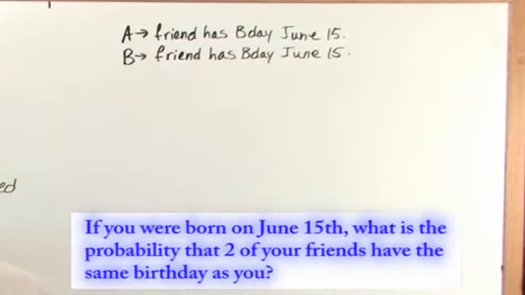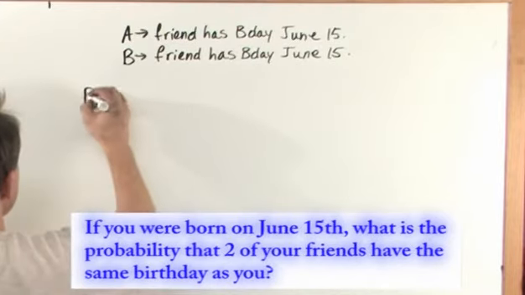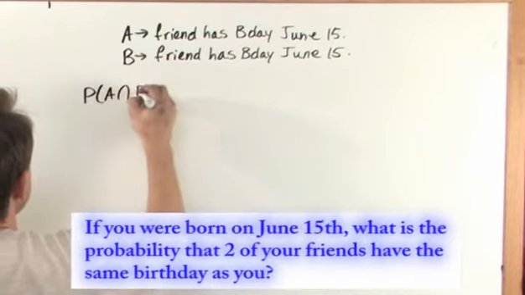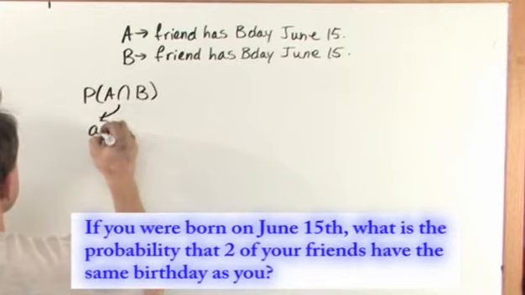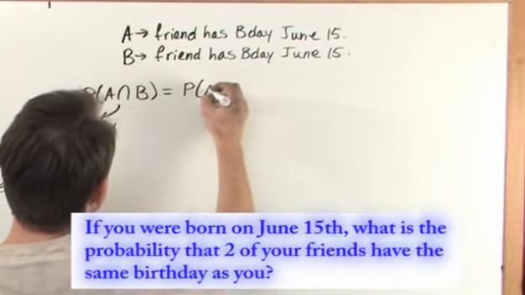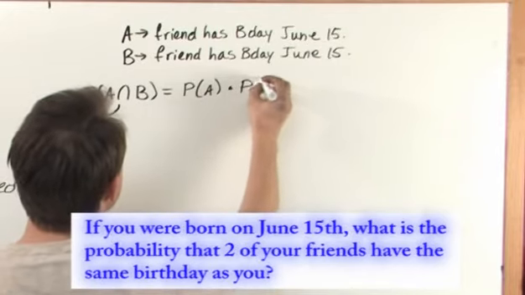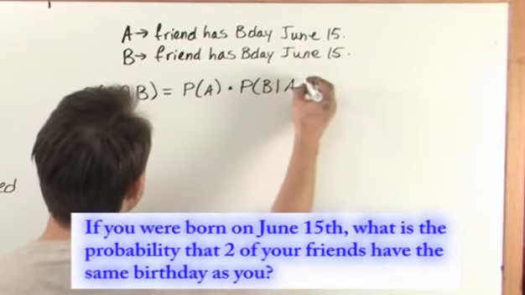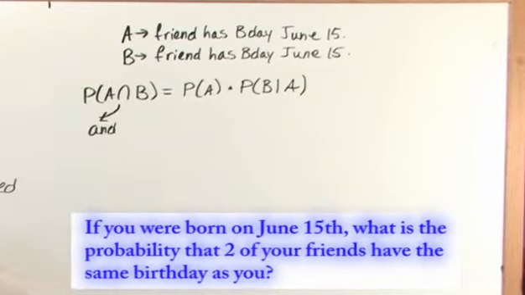Okay, so those are my events. What I'm looking for is the probability of A and B. This is AND. So the way I do it is I say the probability of A times the probability of B given that A has occurred.